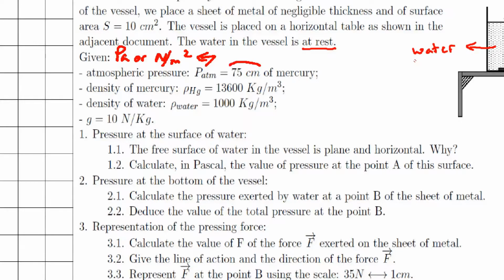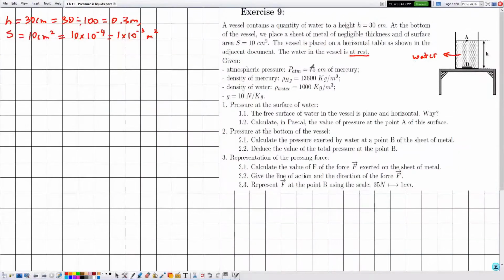Since this value carries the unit centimeter, it represents the length or the height. But which height? Since it's related to the atmospheric pressure, it represents the atmospheric height. Then the atmospheric height in this case is given by 75 centimeters. Knowing that centimeters is not the SI unit of height, in order to convert from centimeters to meters, we divide by 100. Then the atmospheric height that allows us to calculate the atmospheric pressure is given by 0.75 meters.